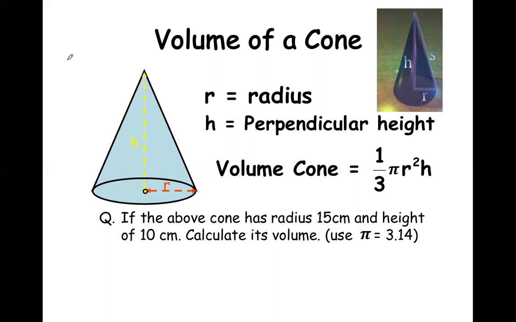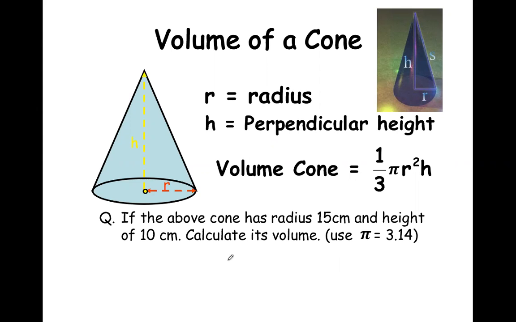How would you do that if you didn't have a calculator? 15 times 15, which is 225. 225 times 3.14. Let me think, what would be the quickest way to do this? What would you do if you didn't have a calculator?